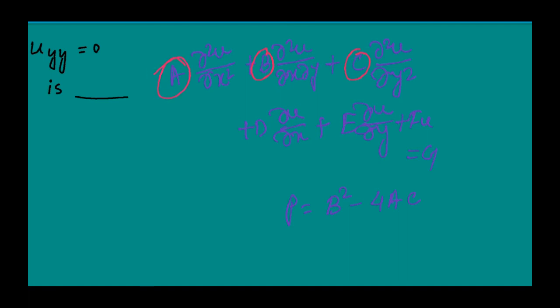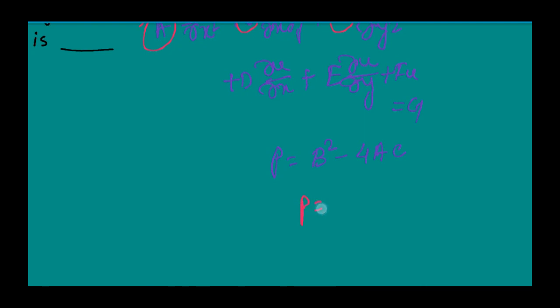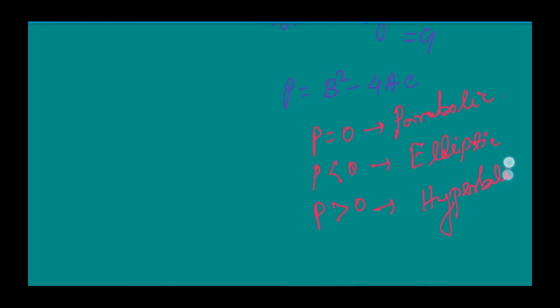From this we can find out P. If P is equal to 0, then it will be parabolic. If P is smaller than 0, then the equation will be elliptic. And if P is greater than 0, then this will be hyperbolic. So these are the solutions.